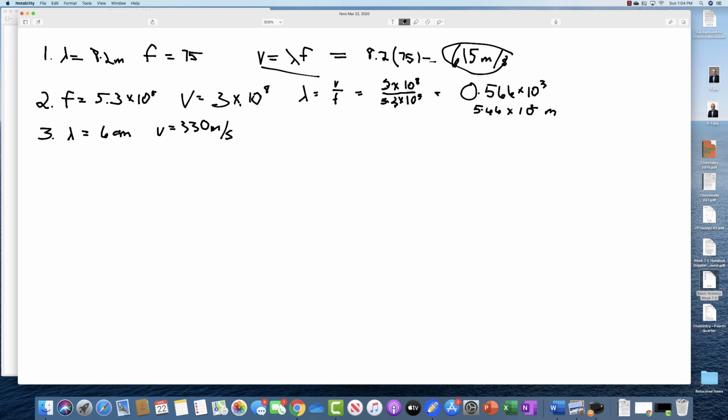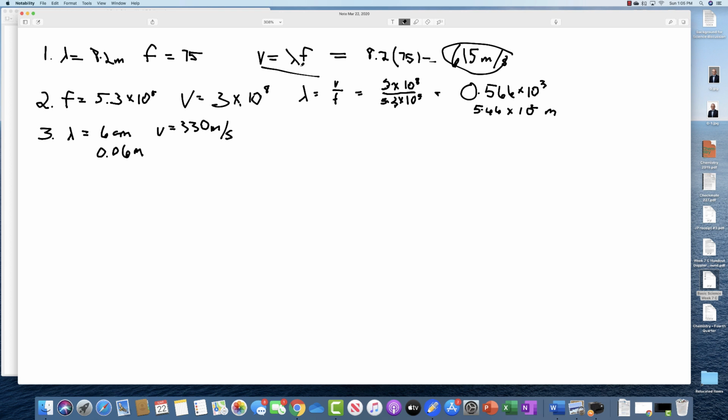Personally, I believe it's easier to change this to 0.06 meters, because a centimeter is a 1/100th of a meter. So this is 0.06 meters.